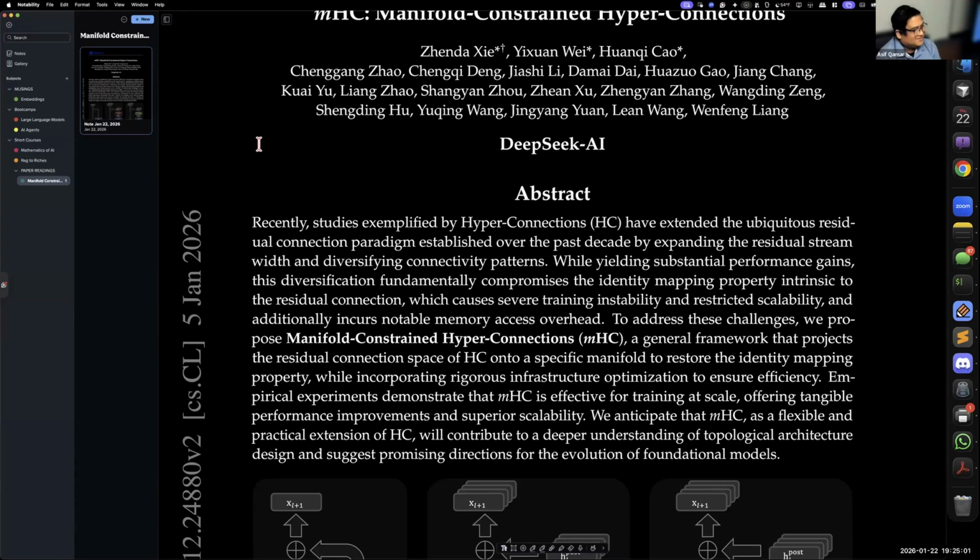It is ubiquitous. It's everywhere nowadays. A connection paradigm established over the past decade by expanding the residual stream width and diversifying connectivity patterns. One thing you'll notice in this paper, the language is dense and the sentences are long. While yielding substantial performance gains, this diversification fundamentally compromises the identity mapping property intrinsic to the residual connection.